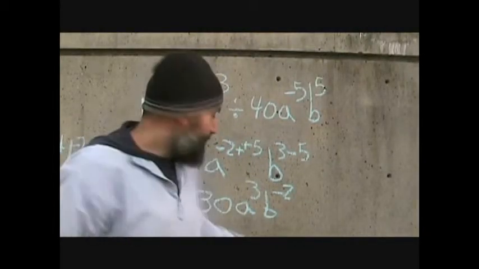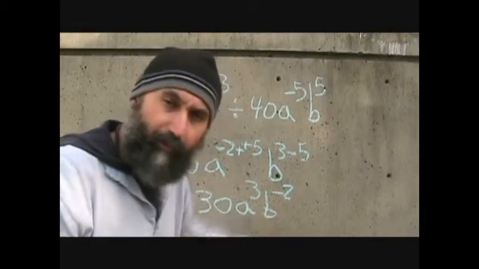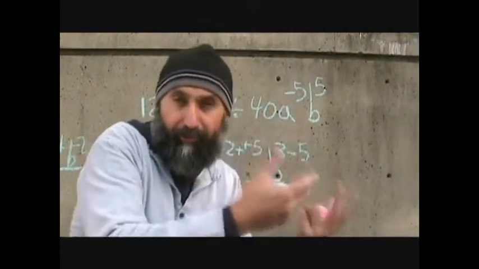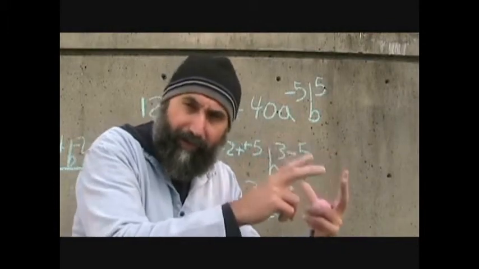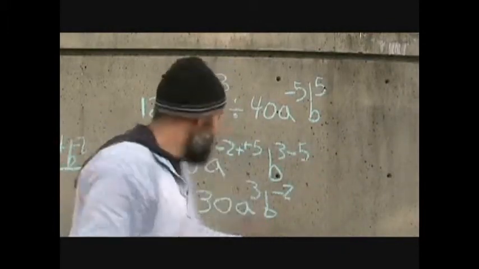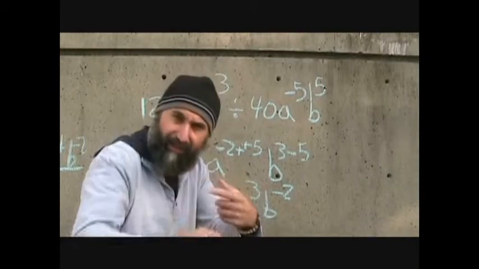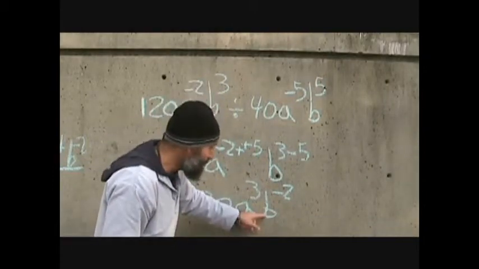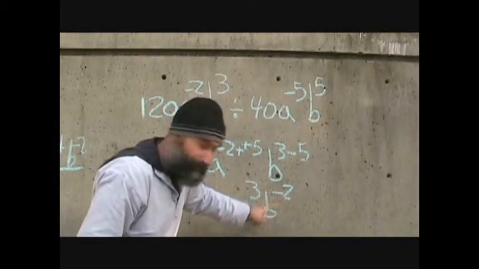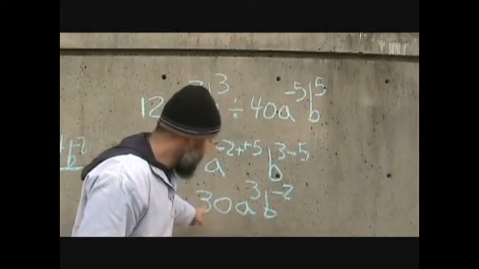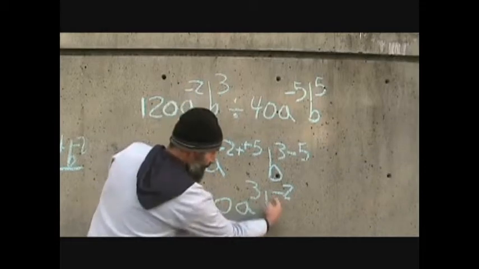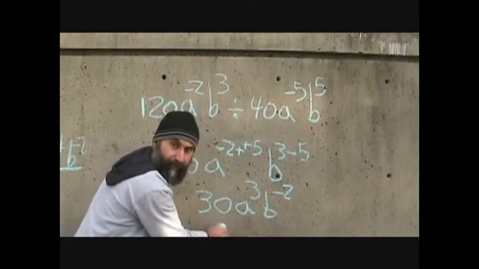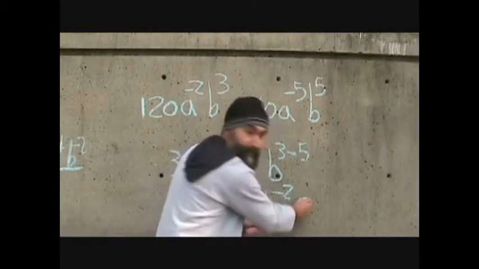And we talked about what negative powers mean when we were moving on from the rational number set to the exponents, and we said a negative exponent just kicks it down. If it's on the top, it goes to the bottom, bottom goes to the top. So now this negative 2 only applies to the b, it doesn't apply to the a or the 30, because those are positive exponents.